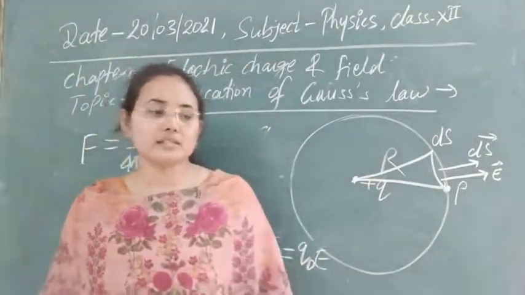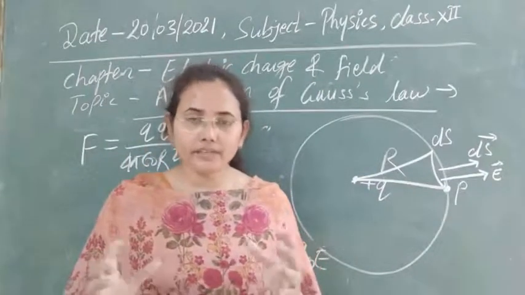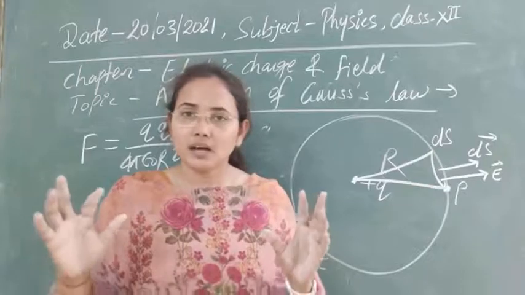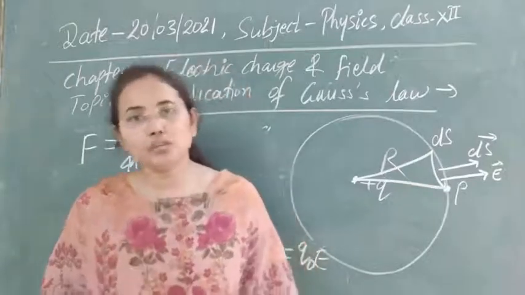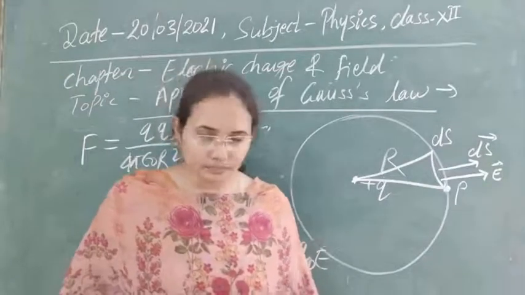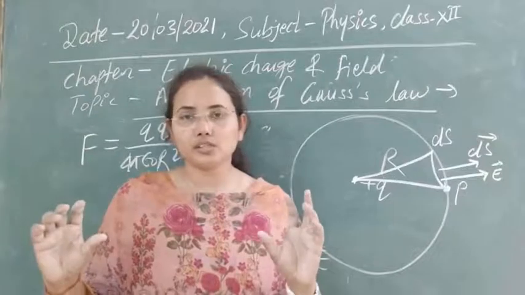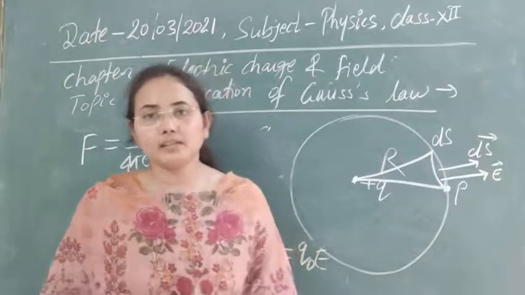After that we have discussed the electric dipole. An electric dipole is a configuration in which two charges of opposite polarity are bonded by some kind of force but separated by a small distance.